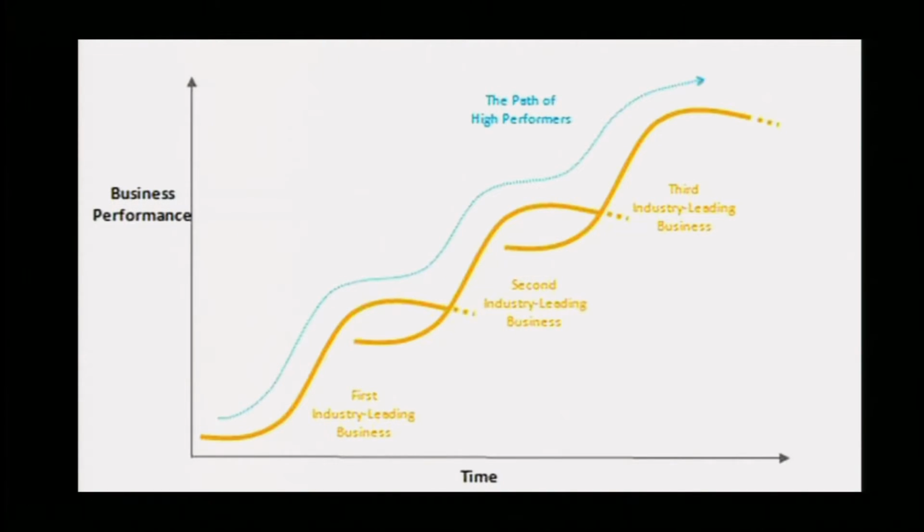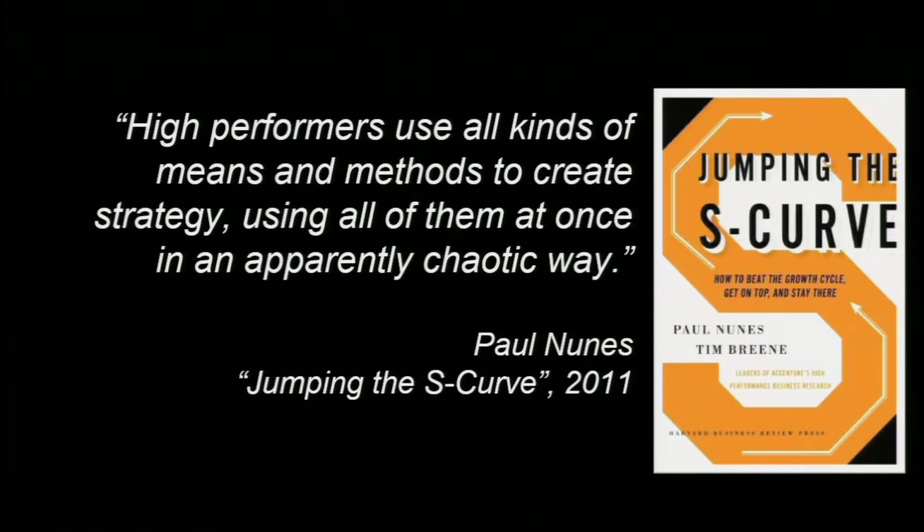In fact, there is this series of curves that occurs. It's called the S-curve, or the S pattern. And Microsoft has been one of the companies that's consistently been able to jump the curve over and over, just when we thought that the company would be no longer. All of a sudden, they jump the curve and they reinvent themselves. As a matter of fact, there's a whole book on jumping the S-curve.